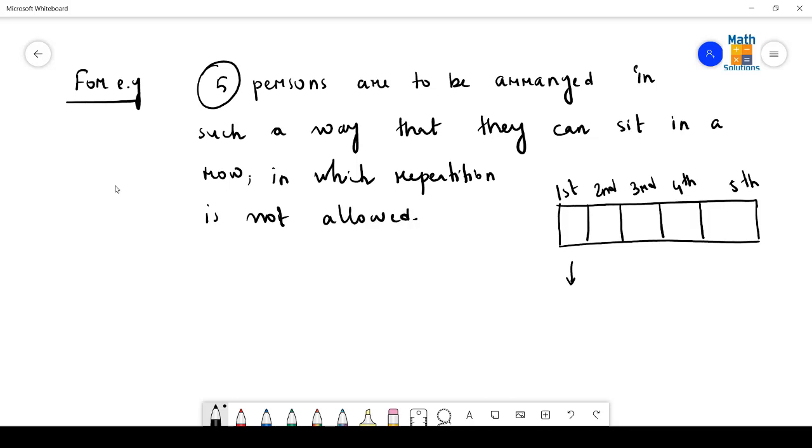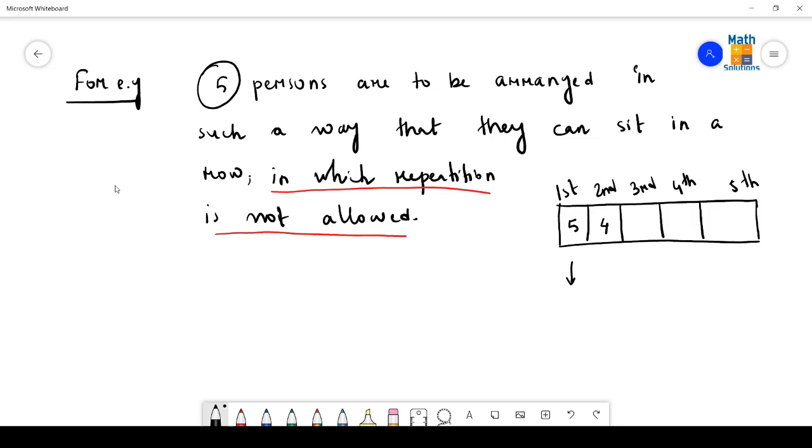So in this case we have 5 options to fill up the first place. As 5 persons are there, any one of them can sit in the first place. Since repetition is not allowed, how many options are left to fill up the second place? Of course there are 4 persons left, any one of them can sit here.